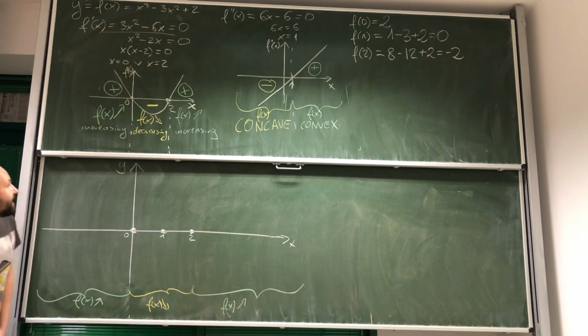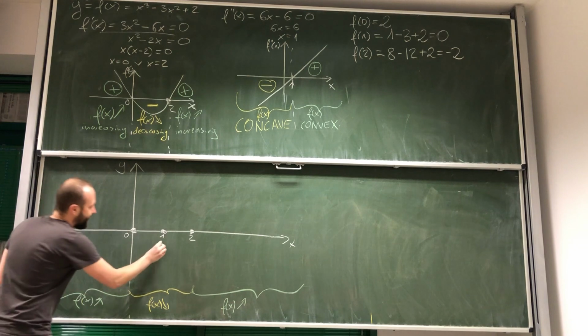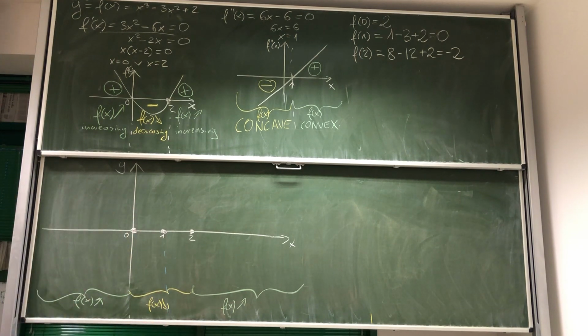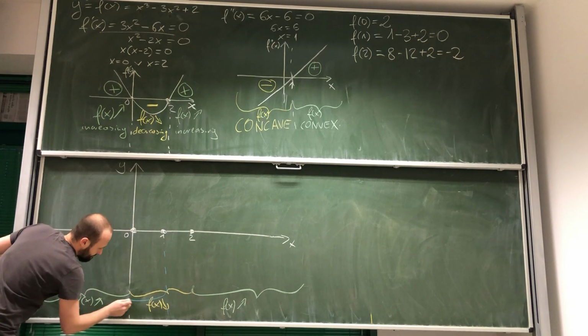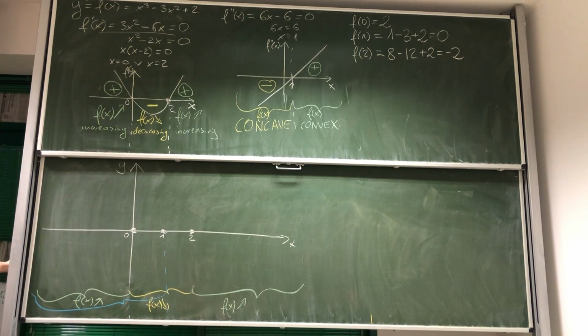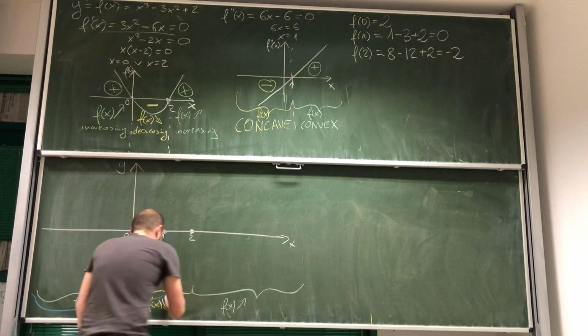But look, this is not all the information we have. Because additional thing we know is that, let me just draw it like this. From negative infinity to 1, the function is concave. Then from 1 to infinity, it's convex.